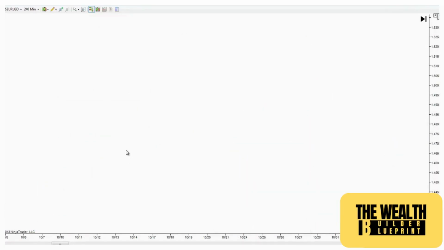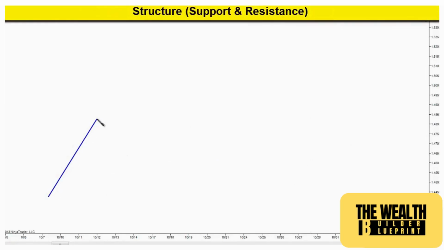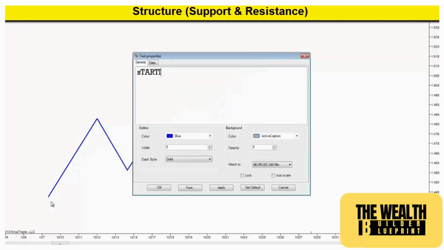If we go back to our initial trending market, so our starting point, initial structure high, outside return. New structure high, outside return. New structure high, outside return. Let me go ahead and label these. Starting, oops, no caps lock. Starting point.